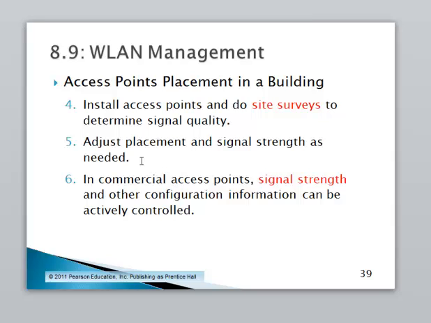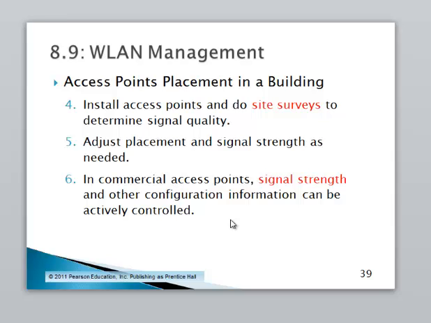You can tweak the signal strength in commercial access points. Unlike home access points, you typically can't fiddle with the signal strength unless you overwrite your firmware with something like DD-WRT firmware, whatever it's called, where you can start tweaking the signal strength. But normally on a residential access point, you can't do this, but you can on a work access point.